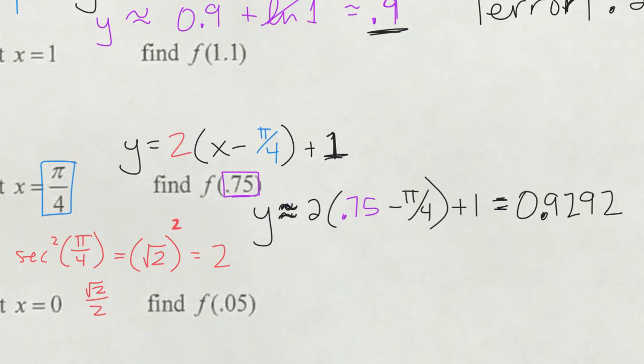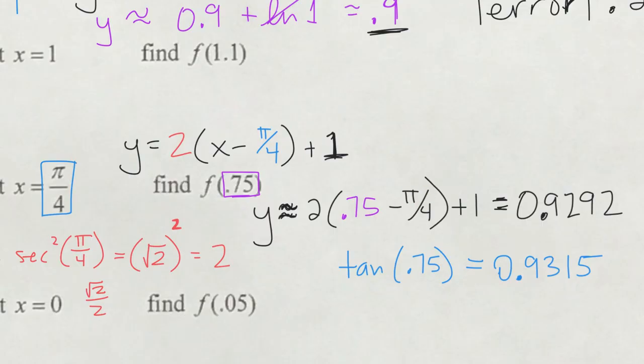So let's see, what is the tangent value of 0.75? From your calculator, what does that say? 0.9315.